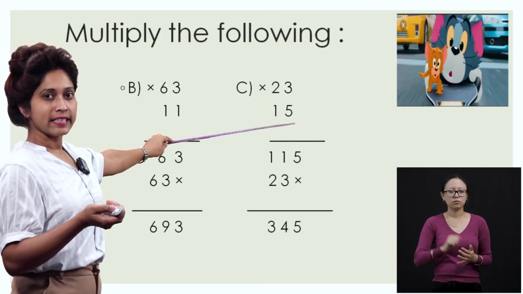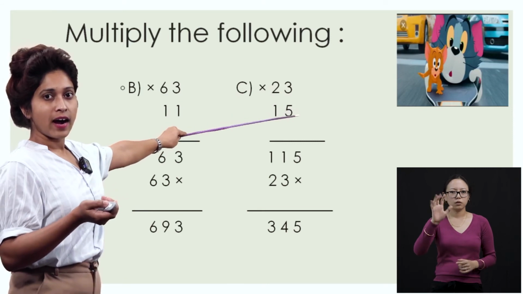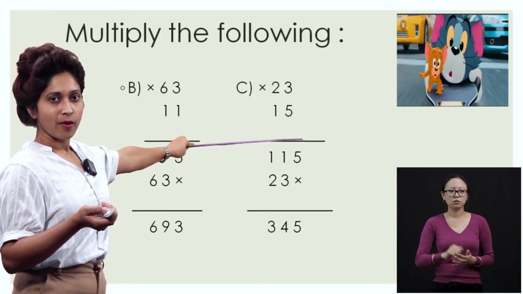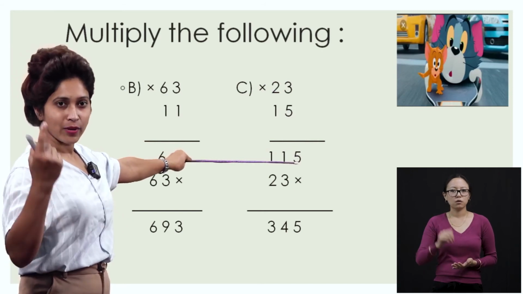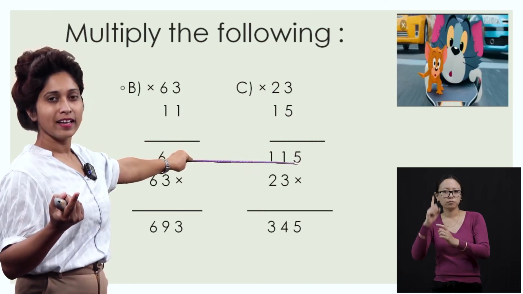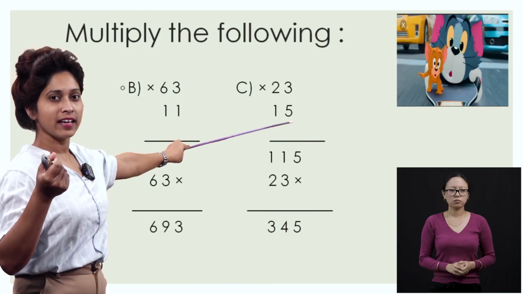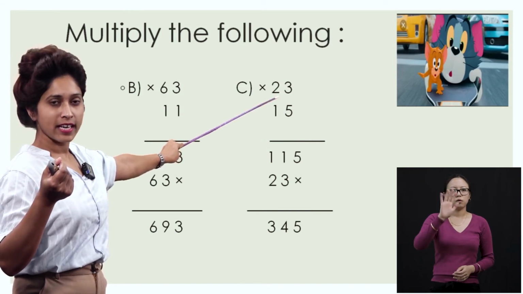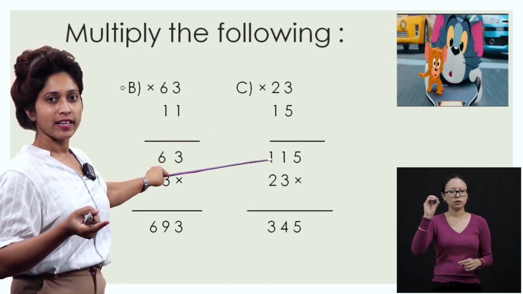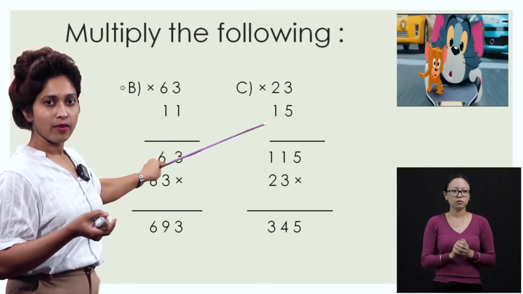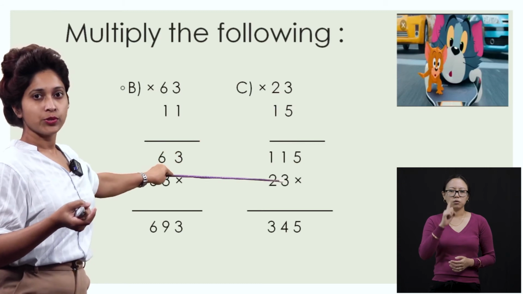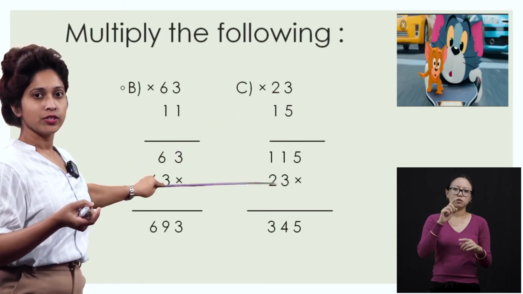So let's see how much we will get. 5 into 3, how much is it? 15, right? So write 5, and you carry 1 along with you. Then 5 into 2s are 10, plus 1, you need to write 11, right? Then the next step, you have 1 into 3, you get 3, and 1 into 2, you get 2.